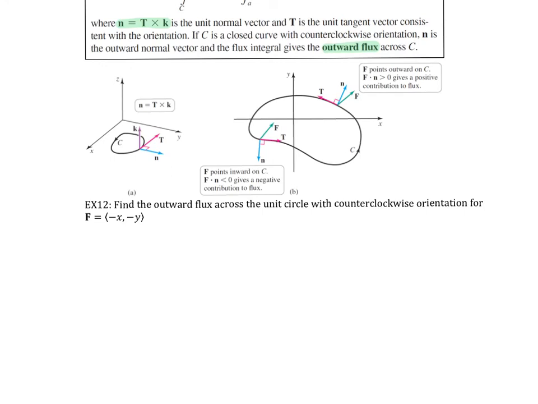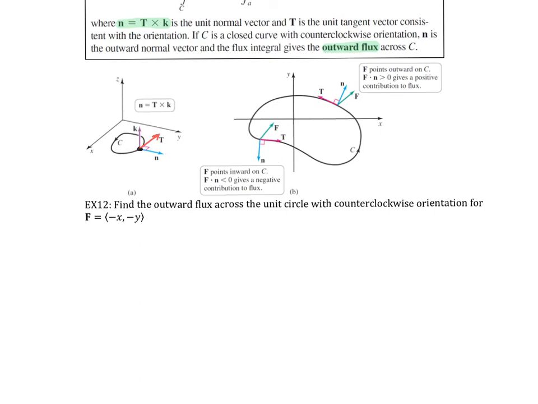So we have some point on our curve. Our curve is in the xy plane, and it's plopped down in some vector field. At every point, you're going to have a tangent vector that is going in the direction the curve is generated in.